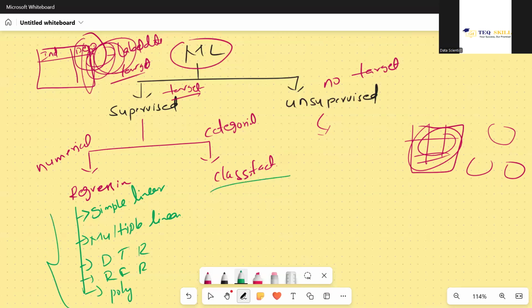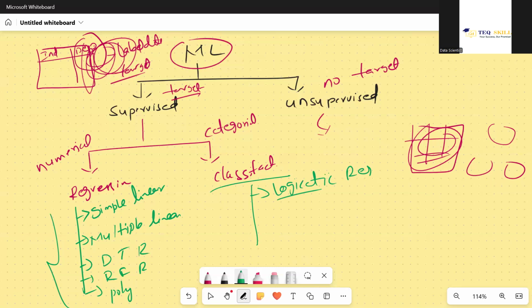Coming to classification, there also we have various types of algorithms. The first basic model is logistic regression. The reason it is called regression is that it follows the principles of simple linear regression or multiple linear regression.